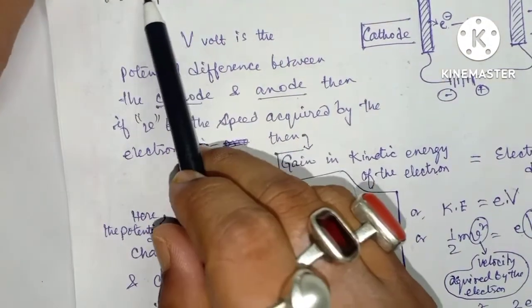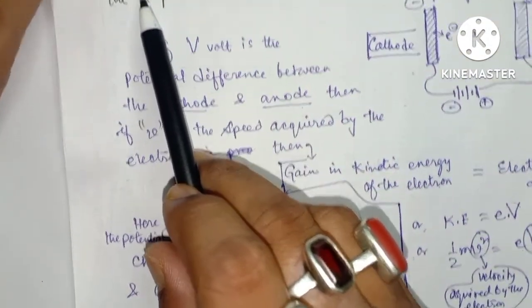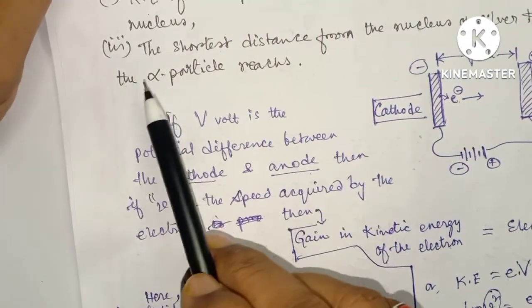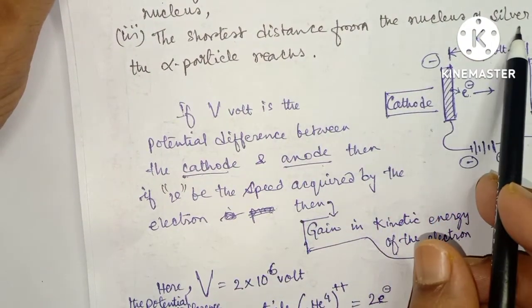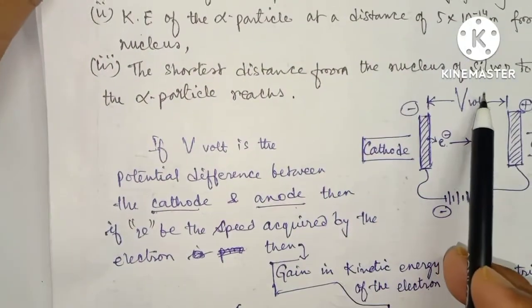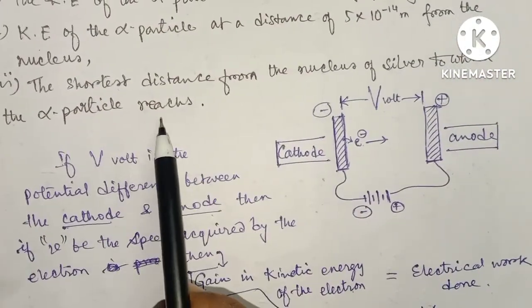Now let us move to the third part of the same problem. Here is the shortest distance from the nucleus of silver to which the alpha particle reaches.